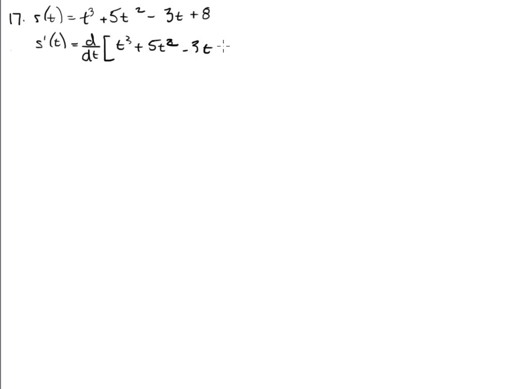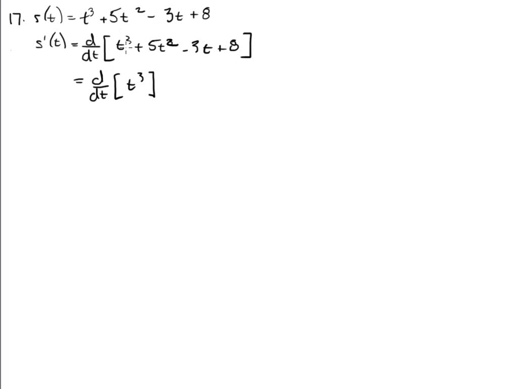We know from the sum rule that this can be broken up at any functions that are added or subtracted from one another. We can take the derivative of each term individually, right?